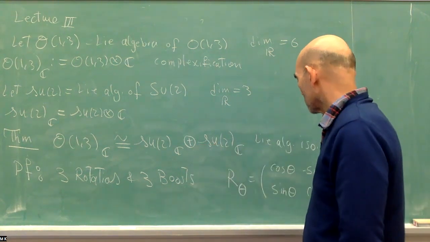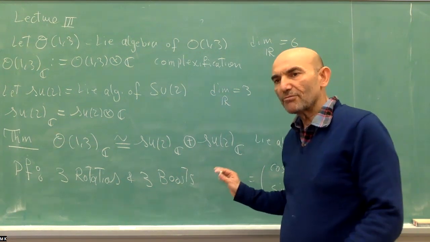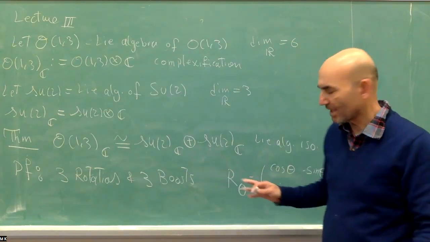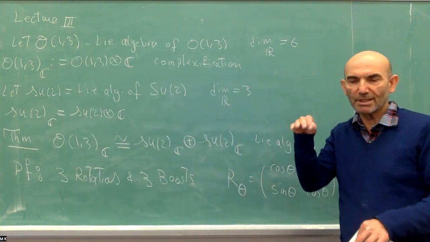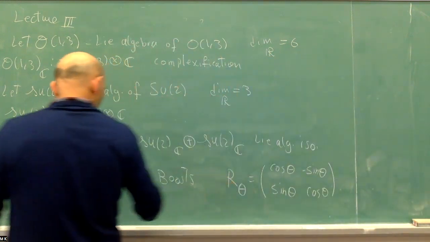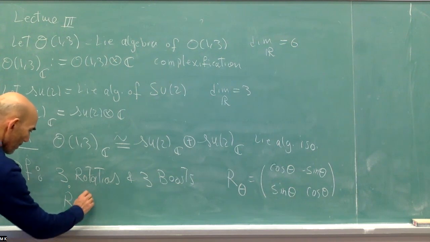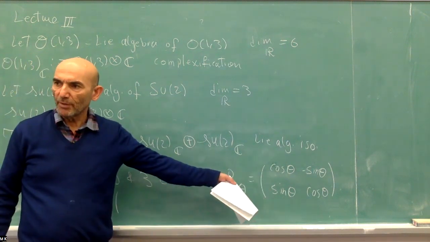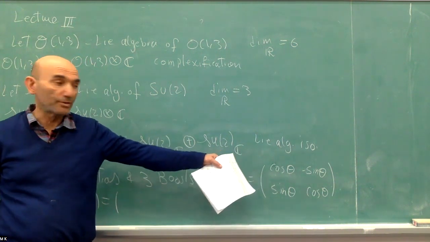Then we can use this to define an infinitesimal rotation, an element of the Lie algebra that's tangent to this family of curves, because the Lie algebra is tangent to the Lie group. So we differentiate at the identity, which corresponds to theta equal to 0.